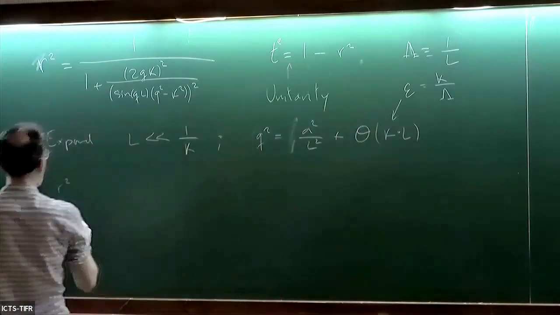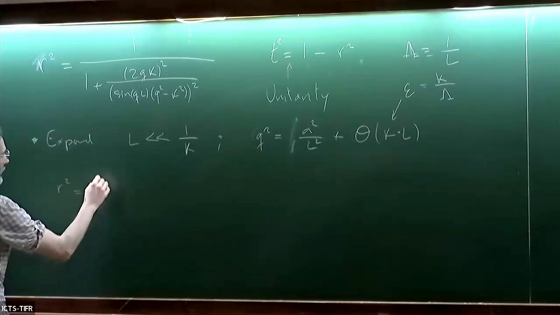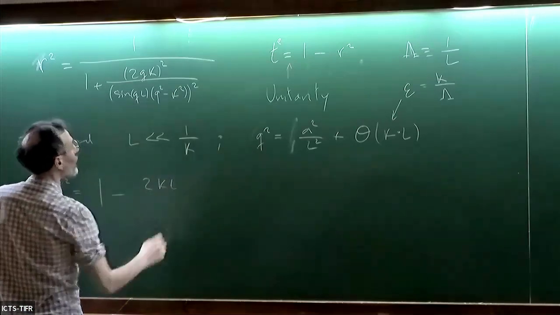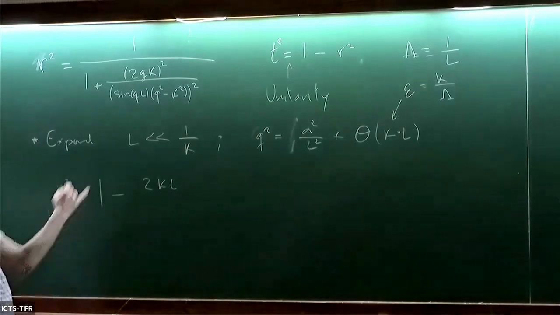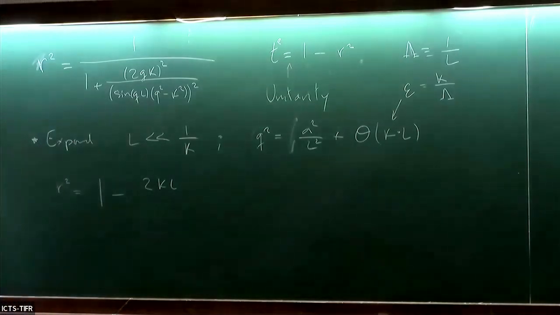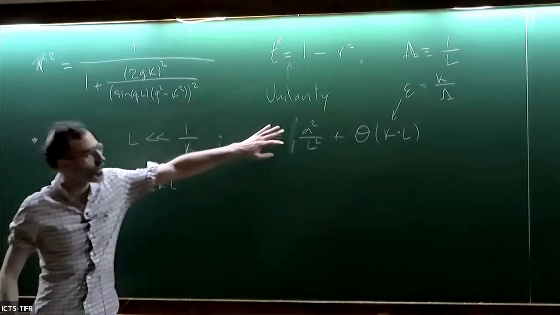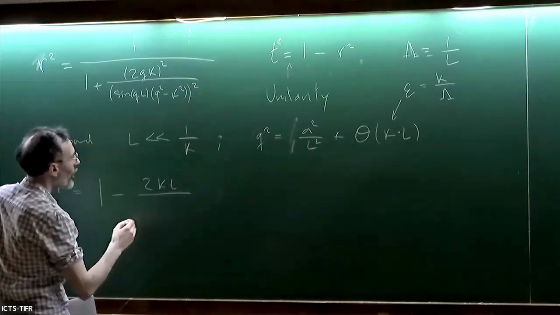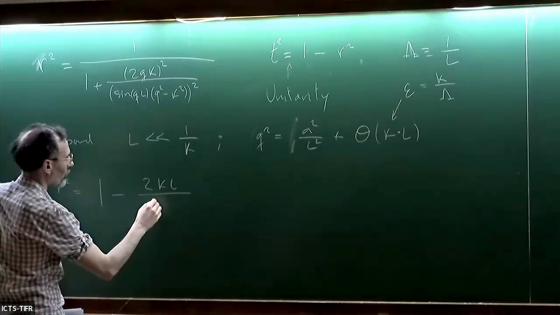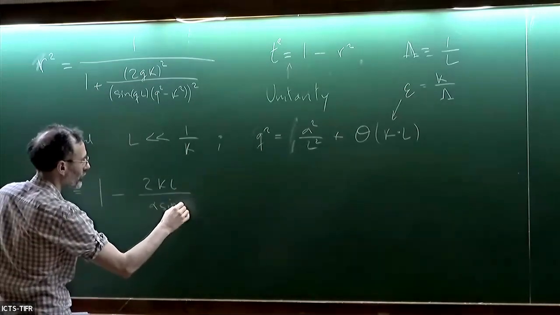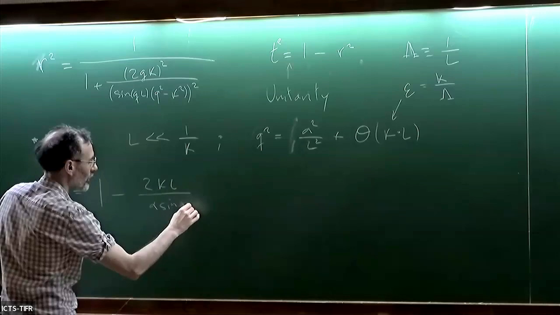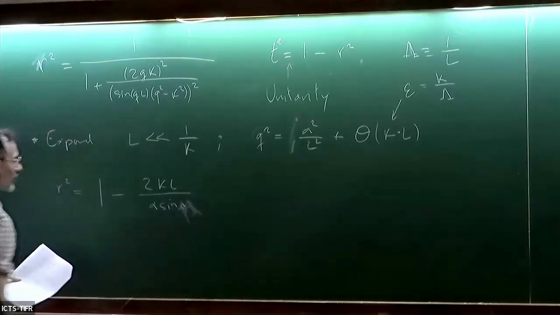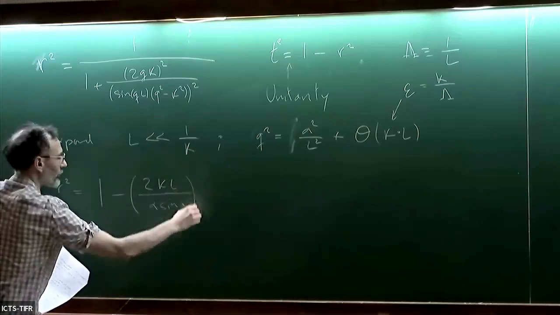When you put that back in here, you get that this is 1 minus 2 KL. And also notice that Q times L, the square root of Q is alpha over L, so the L will cancel out to give us alpha sine of alpha. No, sine of alpha, sorry. There you go. And the whole thing squared.